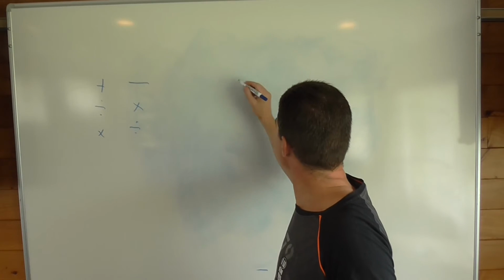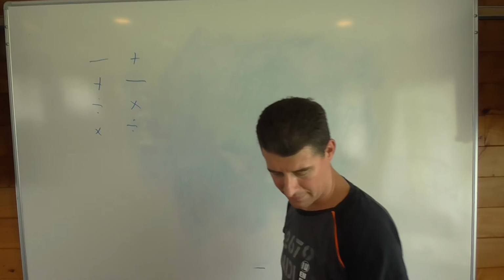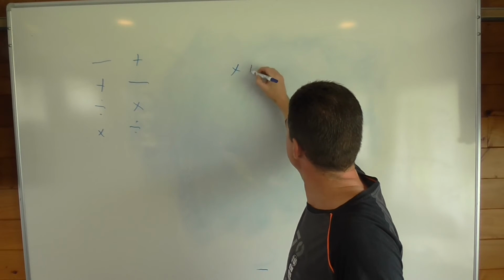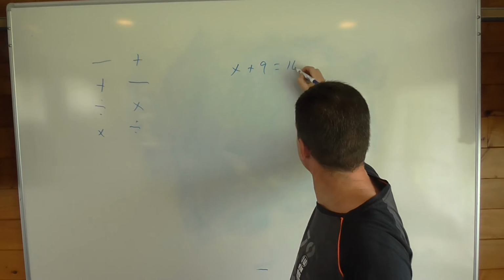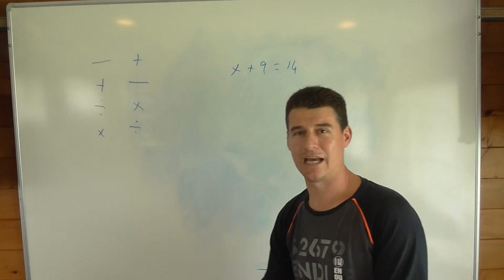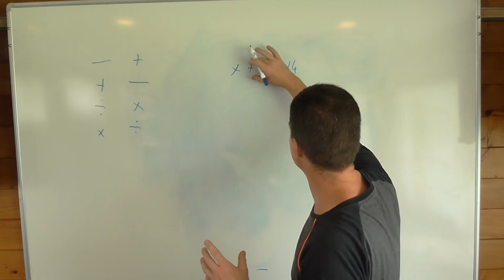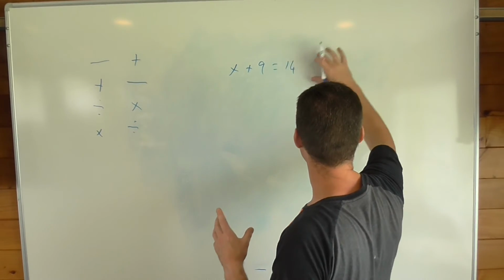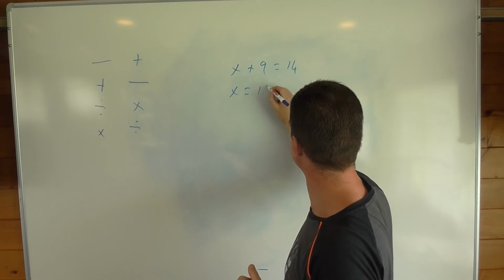So let's say we've got x plus 9 equals 14. Now the same thing. We need to get that x on one side, so we need to take that plus 9 through the portal to the other side. So x then will equal 14.